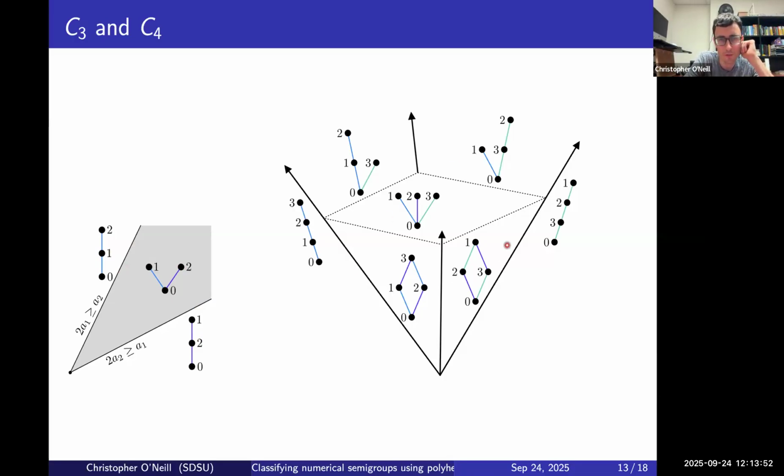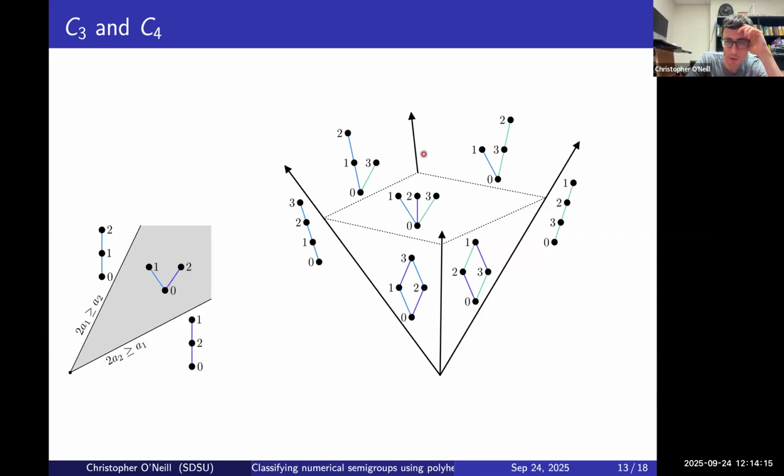All right, so here's m equals 4. We can have this quadrilateral cross section here. We've got a bunch of Kunz posets here labeling some of the faces. And you might notice that there's a couple of faces, in particular this back ray and this front ray here, that don't have posets labeling them.